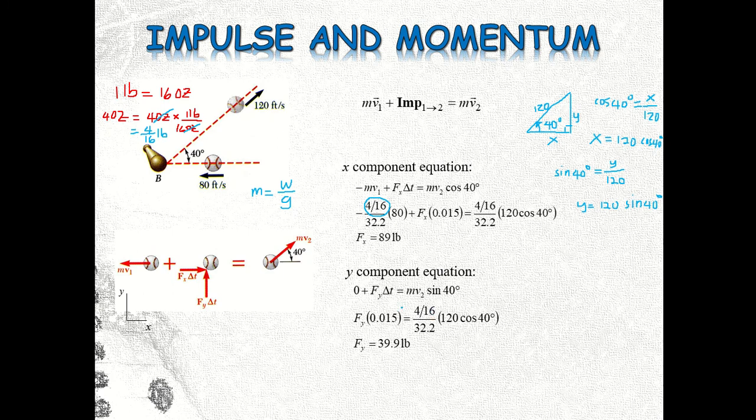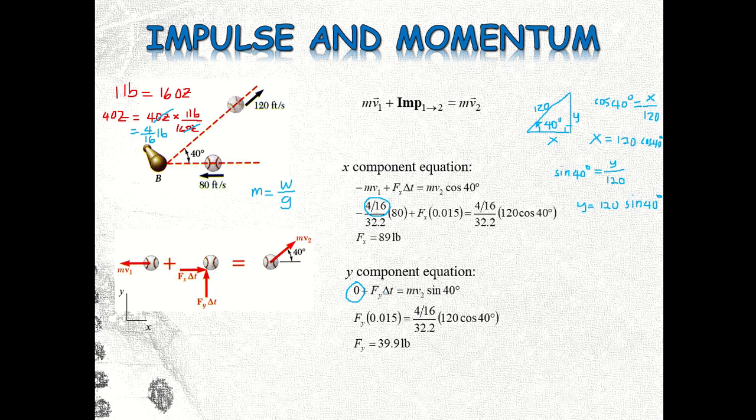Substituting, for this part here, this is 0 because if you look at this, there is no vertical component. It is purely horizontal, so that part is equal to 0.